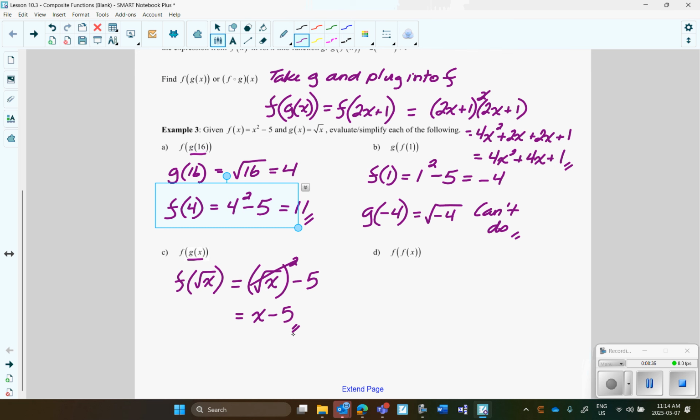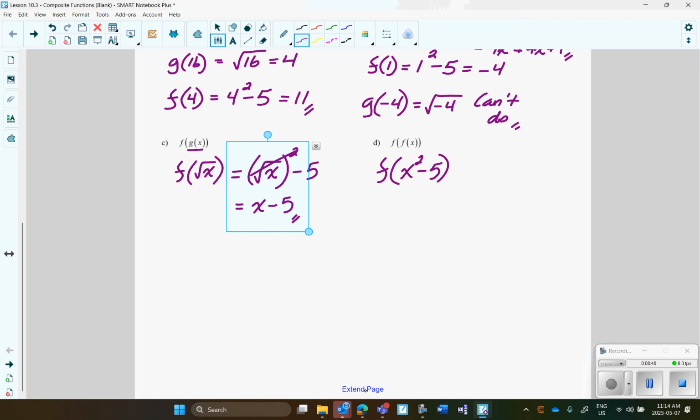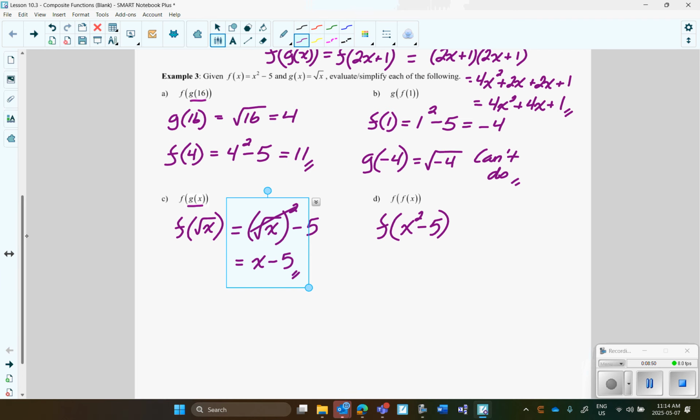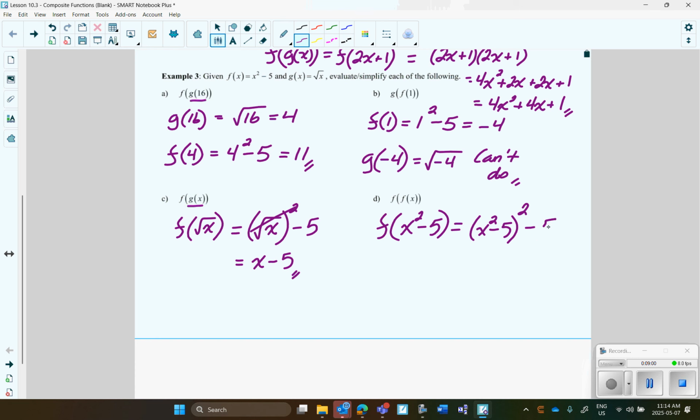And for this one, you're asked to take function f, which is x squared minus 5, and plug it back into function f. So that means you're going to get x squared minus 5 squared, and then you have to subtract 5.